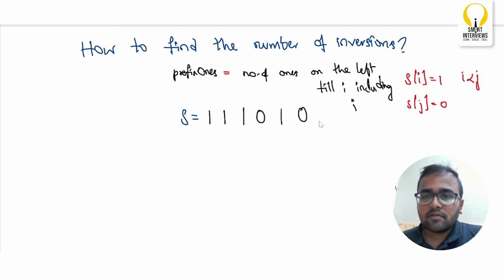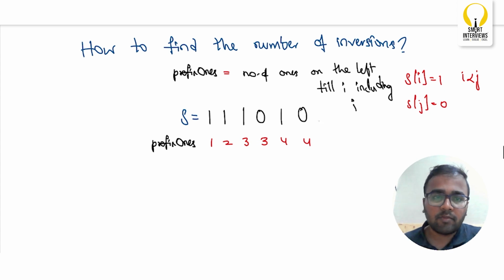Let us have this prefix ones here. So the number of prefix ones here is 1, here 2, 3, 3, 4 and 4.